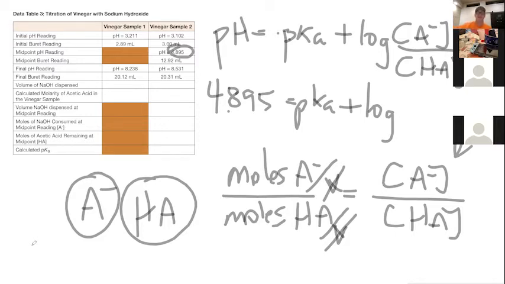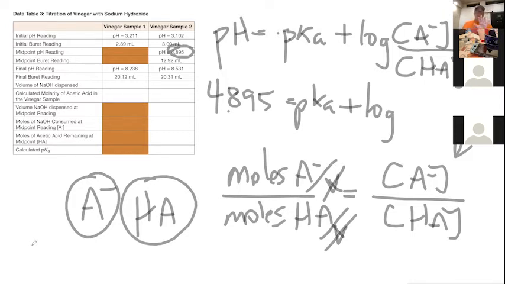If you have the concentration, that's nice. You can use the concentration. But it doesn't matter what the volume is because the volume is the same. So if we're dividing both moles of A minus and moles of HA by the same volume, the volume cancels out. So I'm fine with using moles. You can use moles or you can use concentration, either one.